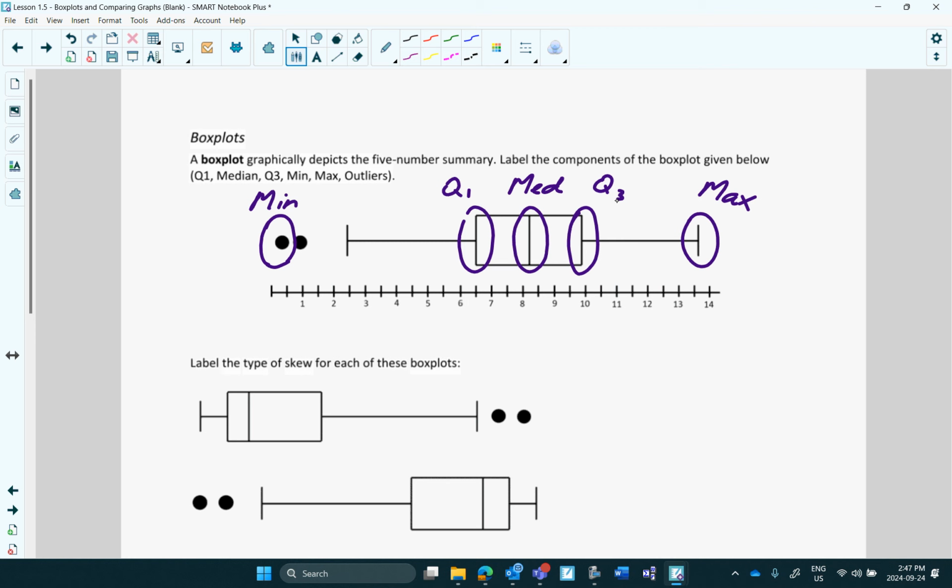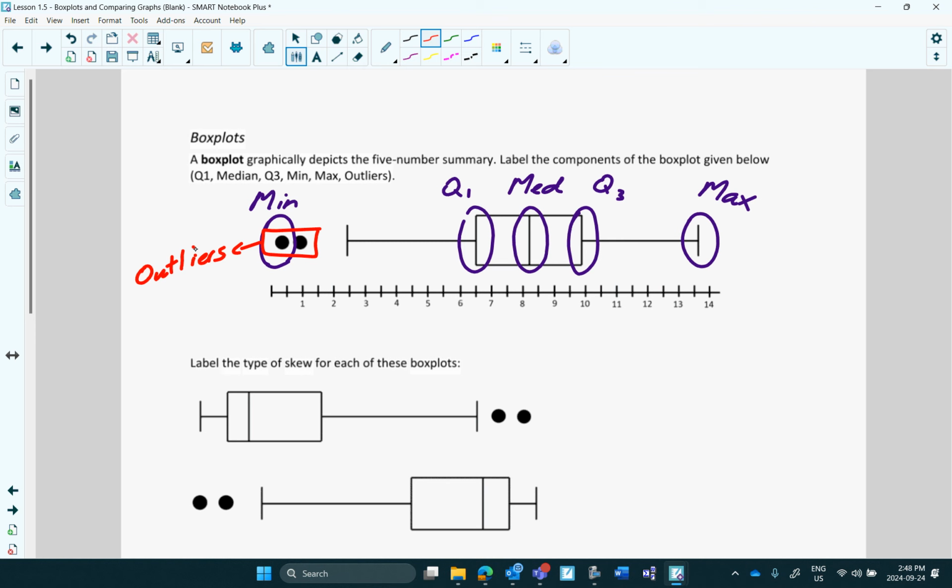The dots, if there's dots that are past the whiskers, what do you think those are? Outliers. Obviously this doesn't match up with the salaries because the outliers were high. In this example, the outliers are low.